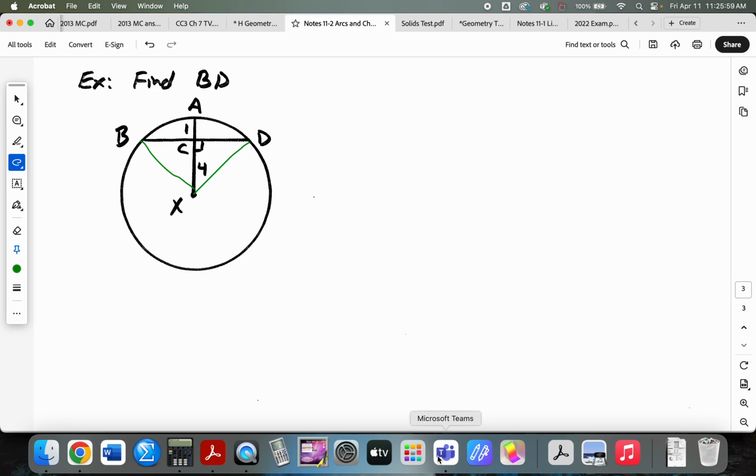And it's easy to get stuck at this point also. But you have to notice, if XC is 4 and CA is 1, how long is XA? 5. So how long is XD? 5. All radii in a circle are the same length.